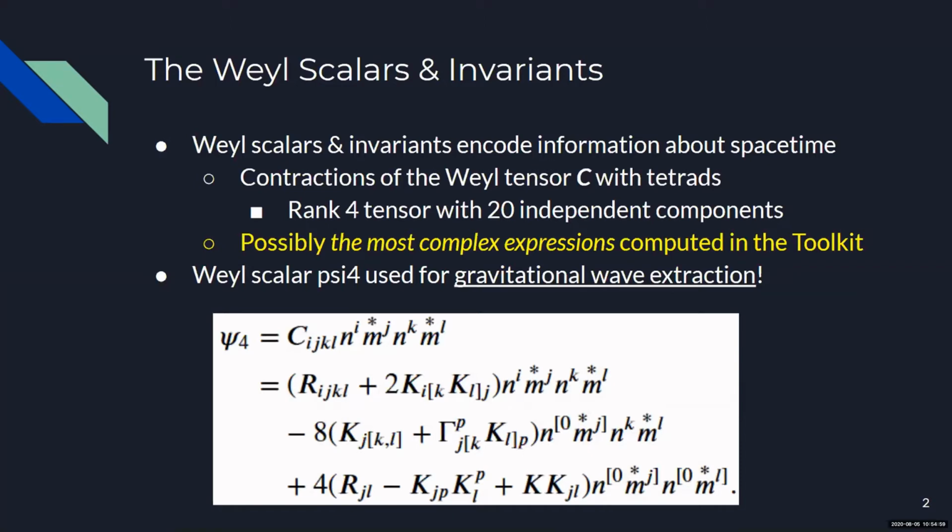This makes it possibly one of the most complex expressions computed in the toolkit, scalar Psi4, because it is used for gravitational wave extraction. Its real and complex components correspond to the 2 different polarizations of gravitational radiation.